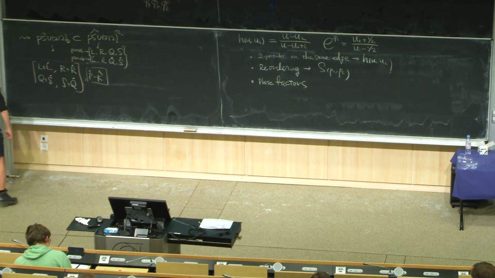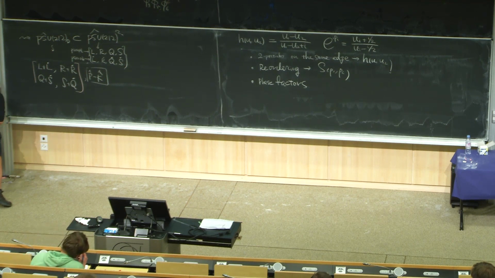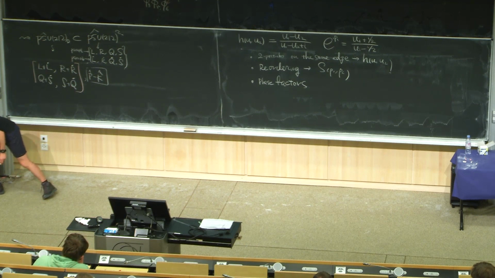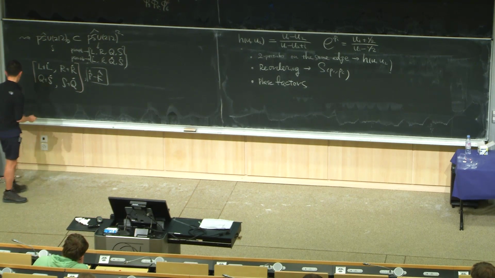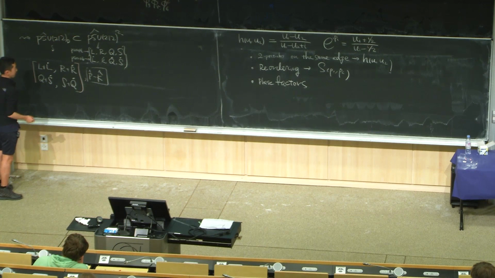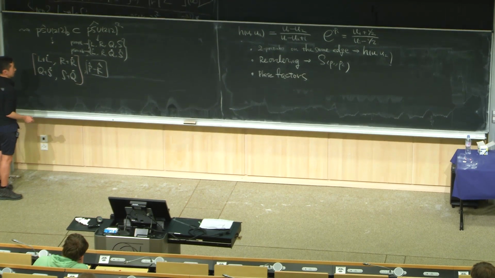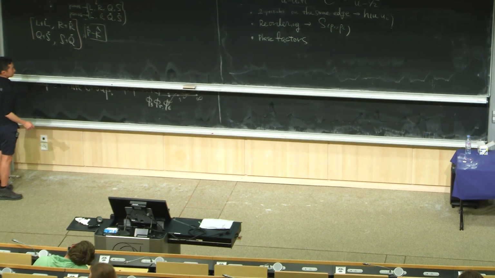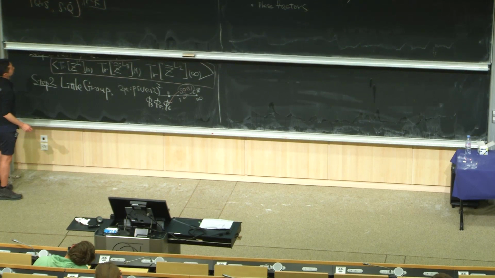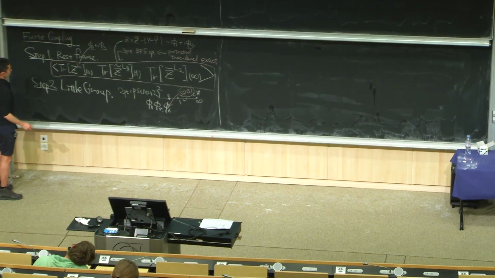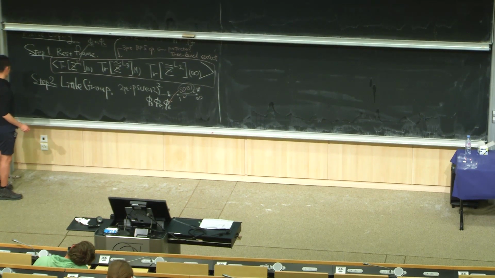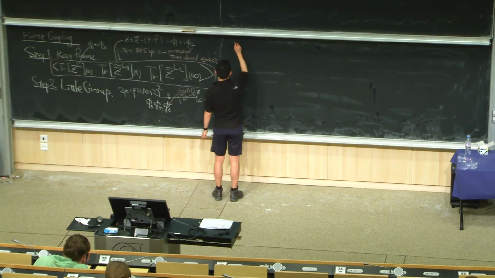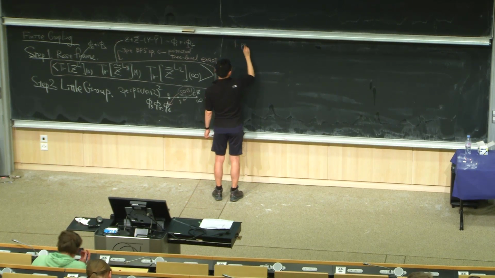And now, in the remaining 5 minutes, I'm just going to briefly describe how to determine or constrain the hexagon by using this little group. Again, let's consider the simplest case where you have one particle on the hexagon.